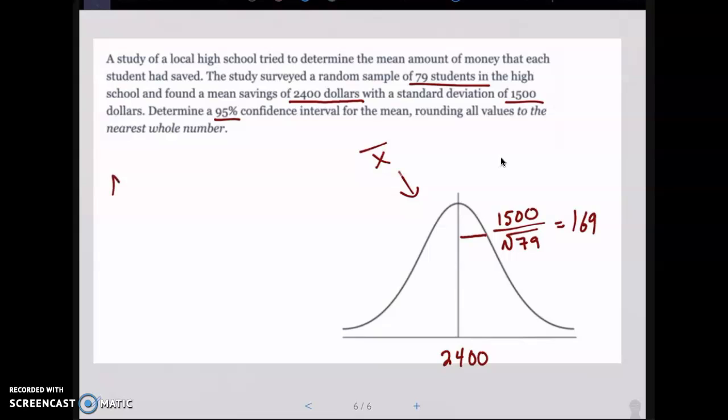Now I need to take that 169 and multiply by 2, because to construct my 95% confidence interval, I have to go out 2 standard deviations from the mean to the left and out 2 standard deviations from the mean to the right. So the margin of error here is going to be 338.